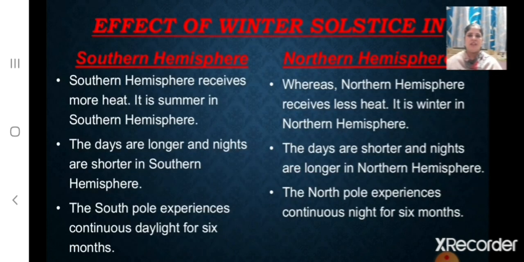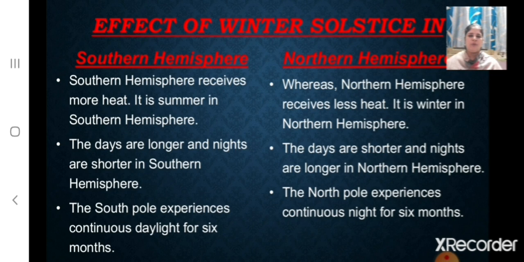So children, what is the effect of winter solstice in the southern hemisphere and in the northern hemisphere? The southern hemisphere receives more heat, so it is summer in the southern hemisphere. Whereas the northern hemisphere receives less heat, so it is winter in the northern hemisphere. And the days are longer and nights are shorter in the southern hemisphere, whereas the days are shorter and nights are longer in the northern hemisphere.